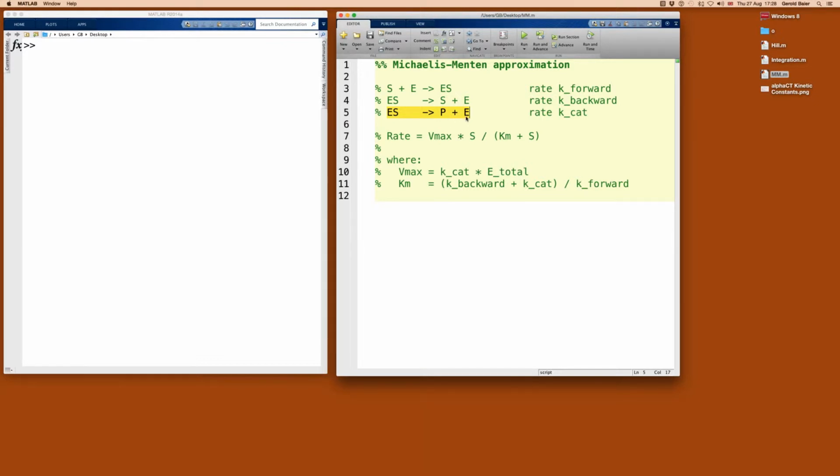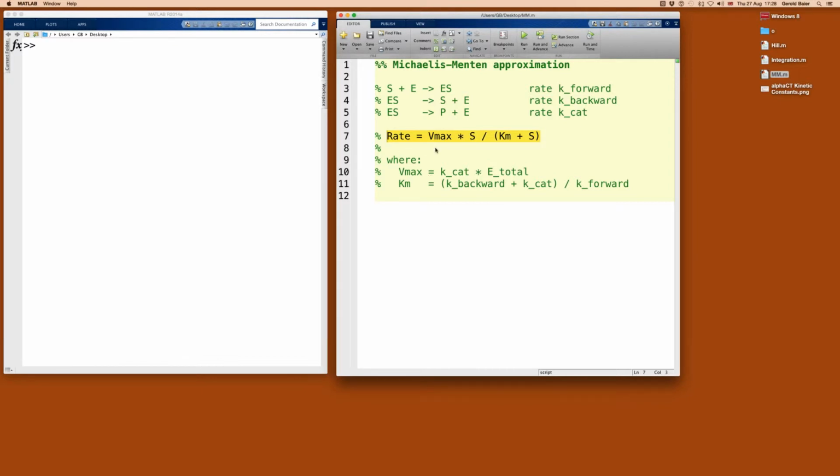We have to refer to the materials for an explicit explanation because we only take the final result, which is the Michaelis-Menten approximation to this more complex mechanism. So we go through what's called a quasi-steady state approximation in order to get this final single equation out at the end.